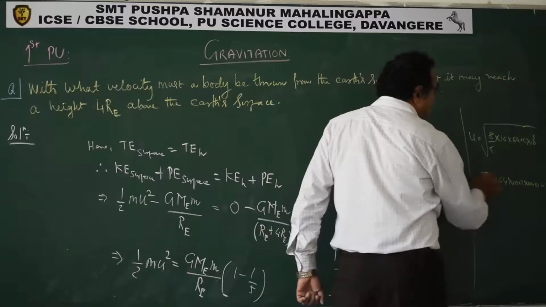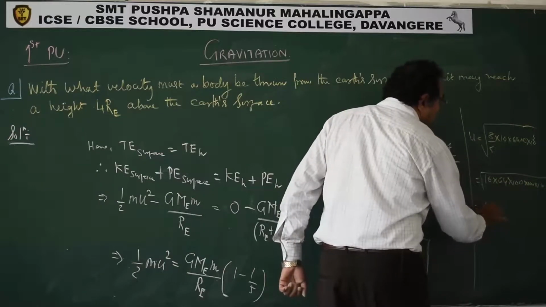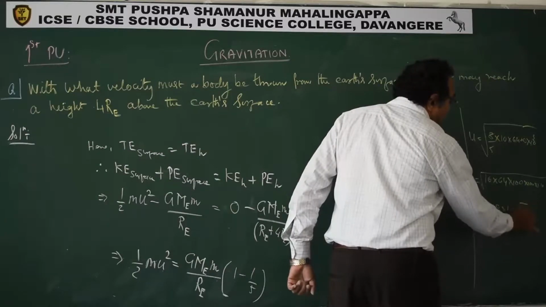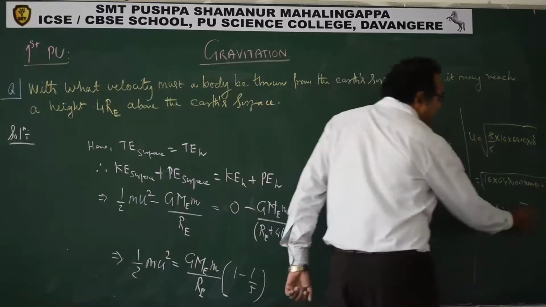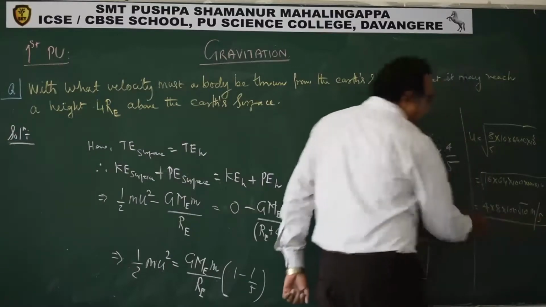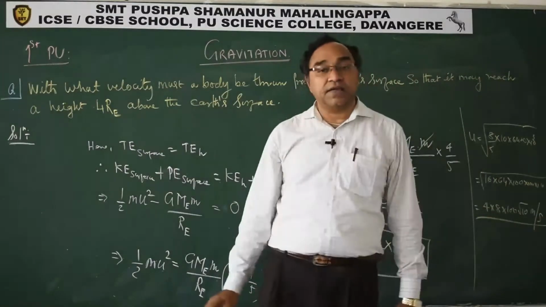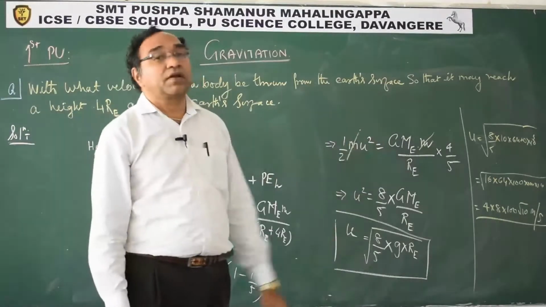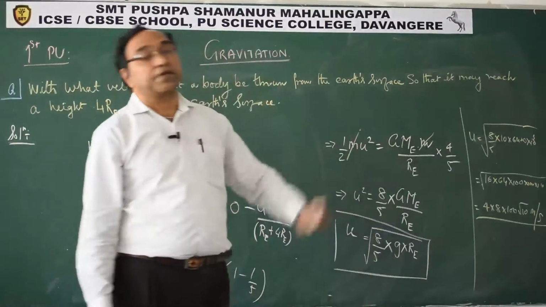The root of it: 16 is 4, 64 is 8, and 100 comes out, and you get root 10. This is exactly how you can simplify and work out the value, or you can leave it here also.